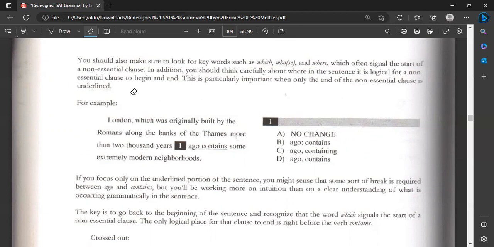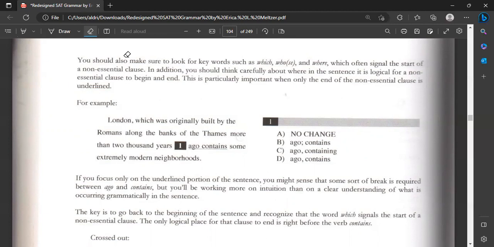Another way to tell is these words called relative pronouns. These W relative pronouns or conjunctive adverbs is what they're technically called, but you'll never be asked what they're called. Basically the W words. So which, whose, and where. So make sure you look for these W words.